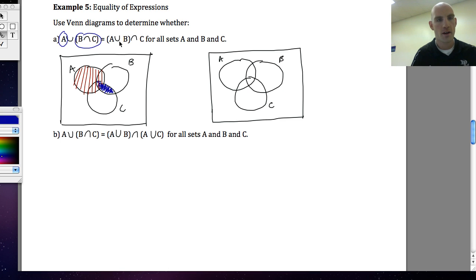Start with blue again. A union B. Well, A union B really looks like this. The union of A and B, and then I need to do where it intersects with C. Well, here's the intersect with C. Let me grab red here.